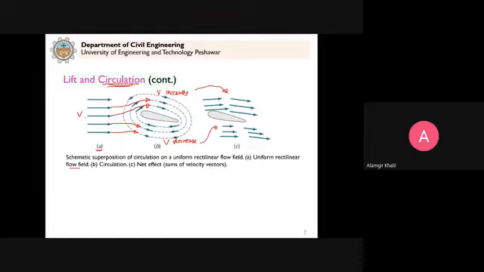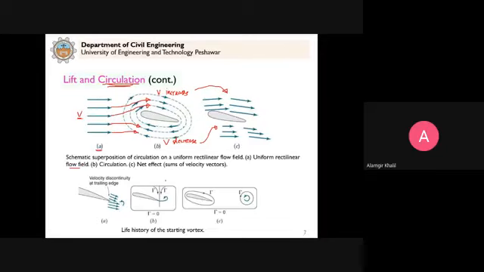We understand that the fluid approaches the body with a velocity v. So where does this circulation come from? To understand this, here is another sketch, again from our textbook. When the fluid leaves the object at the trailing edge, you can see there is a velocity discontinuity at the trailing edge.